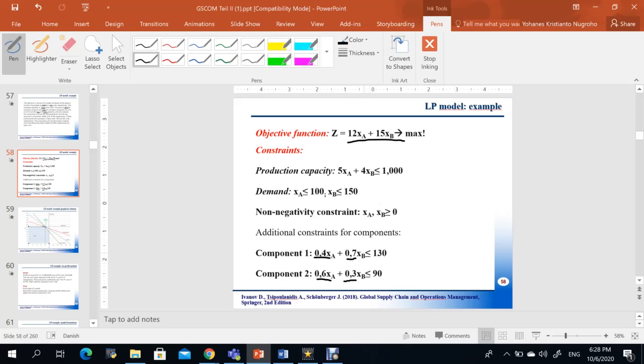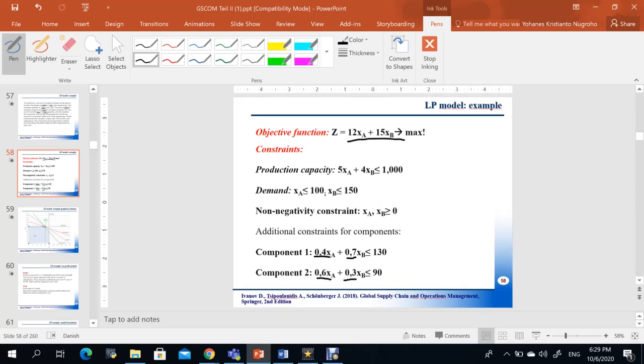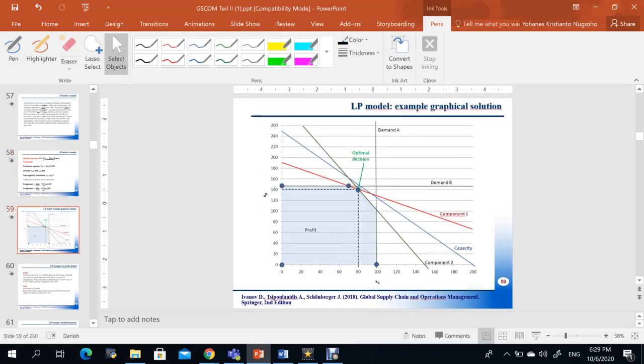Also, in producing B, 70% comes from component 1 and 30% from component number 2. But the use of both components cannot exceed 130 and 90 respectively. Now we have to find the optimal product mix or component mix to produce products A and B optimally.